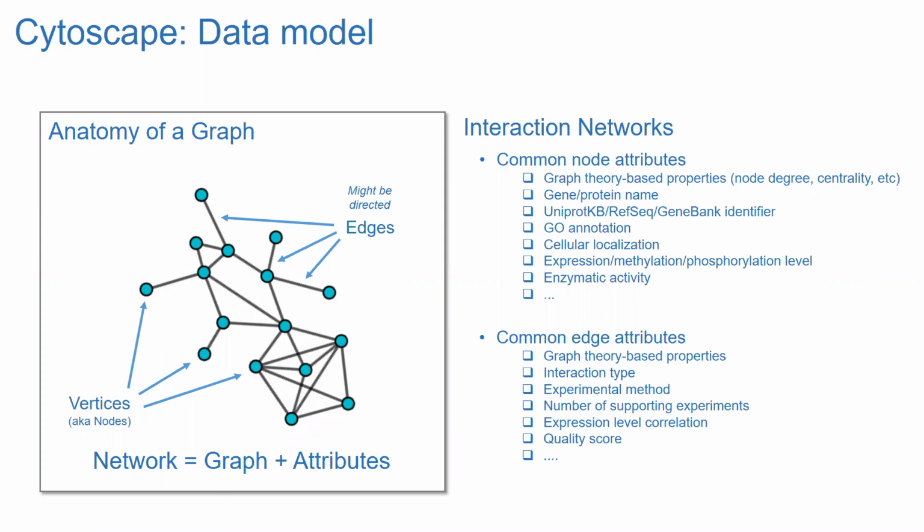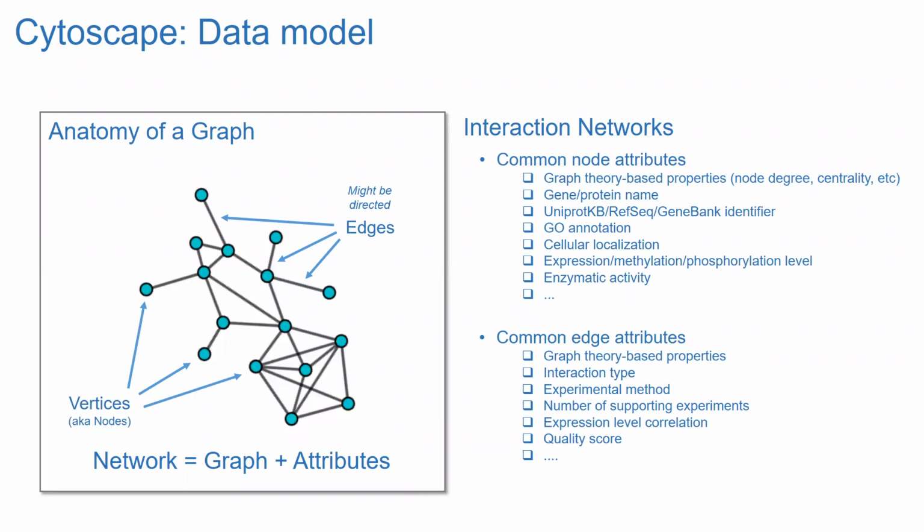You can attach numbers coming from your experiments. This is, let's say, expression level in a given experiment, or methylation of a given gene, or whatnot. So all those things can be hung on individual nodes, and the same thing goes for edges. You can attach numbers coming from the analysis of how things are connected within the network, but you can also add information about what interaction type you're dealing with.